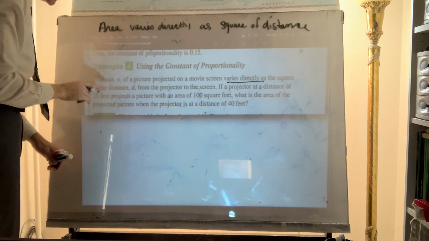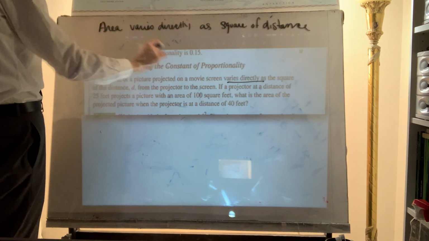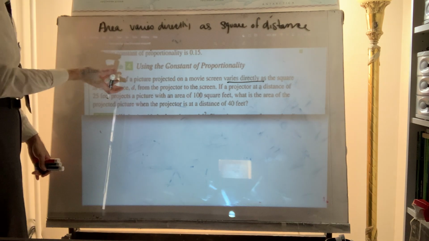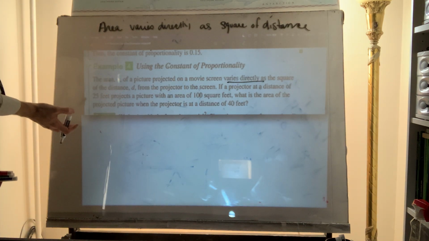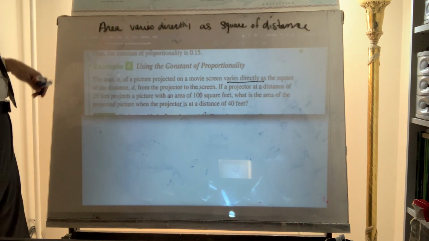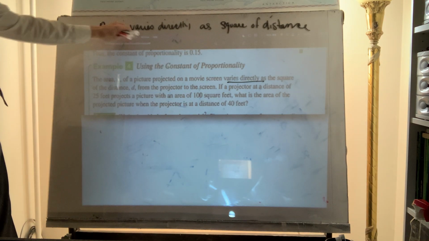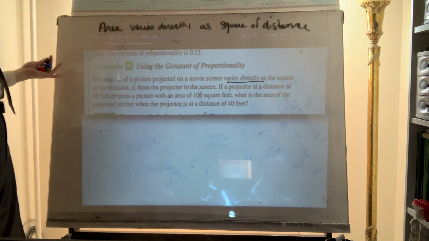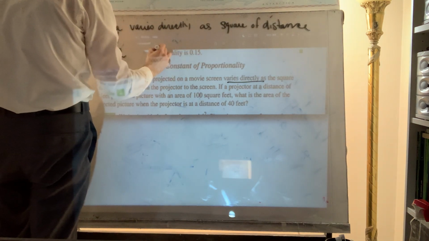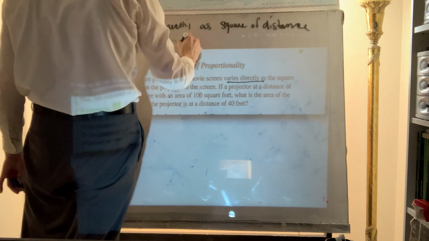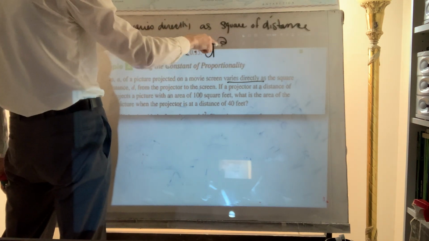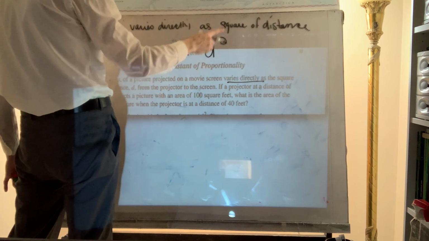Don't be afraid to reauthor or edit the word problem given to you, because perhaps the person who wrote it did not write it very clearly. So do yourself and your students a favor and trim it. Improve it. A varies directly as the square of distance. That's basically what they're saying. So that means A equals K times the square of the distance. We had just squared before, so instead of y squared we're going to use d squared.